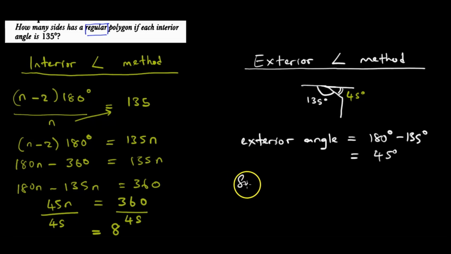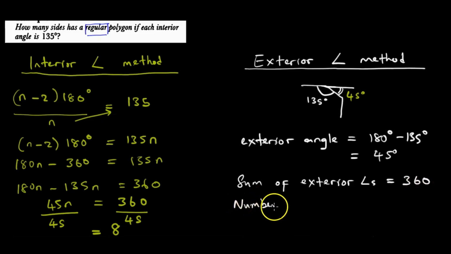But tinoziva isusu kuti sum of exterior angles is always equal to 360. Saka kana tikada kuziva the number of sides, remember kuti masides ema-interior angles anenge equal to masides ema-exterior angles. So tikada kuziva the number of sides, tichatora the sum of exterior angles, which is 360.